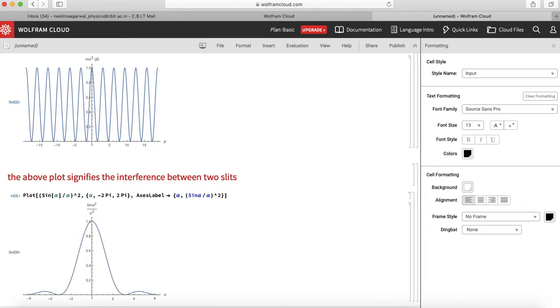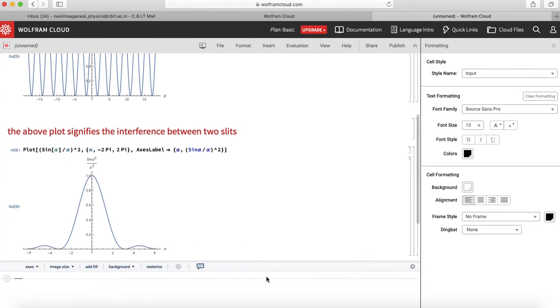Yeah, so do you see here at the center I get a maxima, and in cos square beta also I get a maxima, and then pi, 2 pi, 3 pi, 4 pi, 5 pi, 6 pi. Here I get the curve which we got in diffraction due to a single slit, obviously, because in diffraction due to a single slit I got (sin alpha by alpha) whole square.